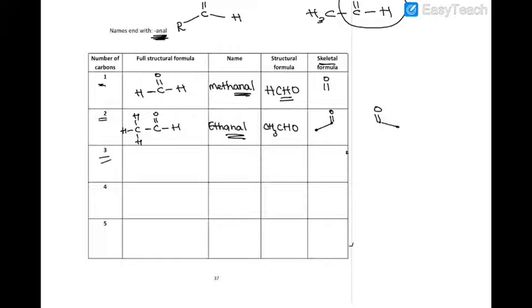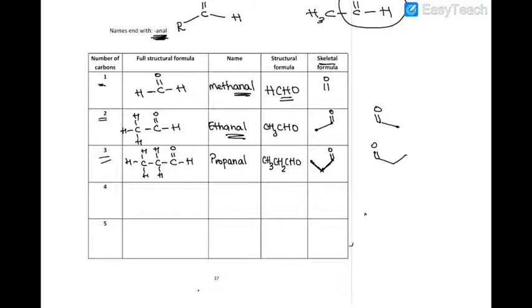Three carbons, propanal: 1, 2, 3 carbons, CH3CH2CHO. You have one carbon, two carbon, three carbon. These are bonded, and then this will have the double bond O. You could also show it like that, that's also possible.